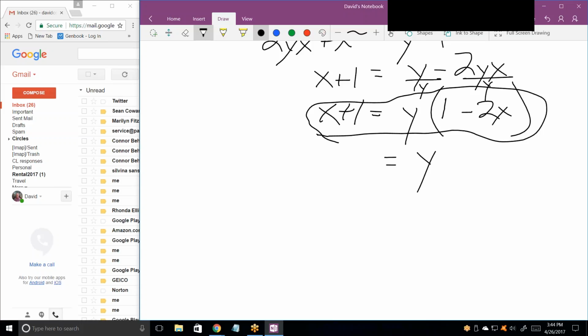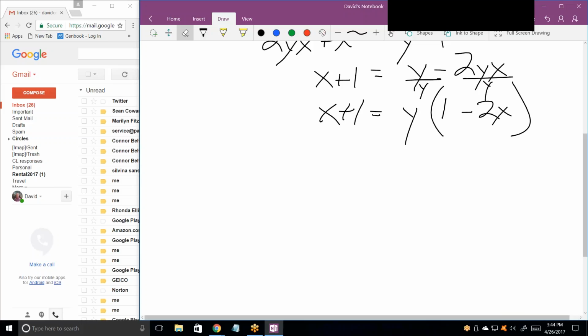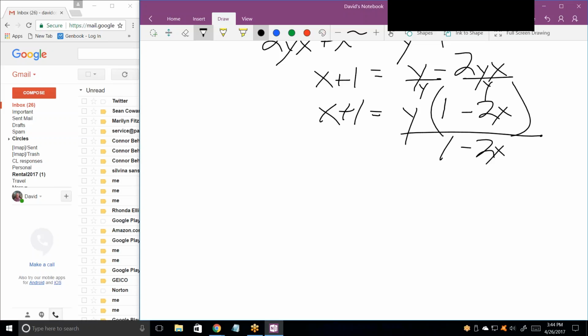In other words, when I'm trying to solve this equation for y, I've got a 1 minus 2x next to it. So if I want that to become y, I got to divide by 1 minus 2x. And if I divide the right side by that, I got to divide the left side by that.